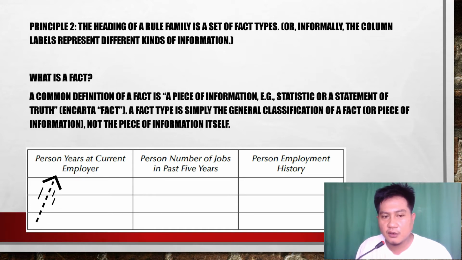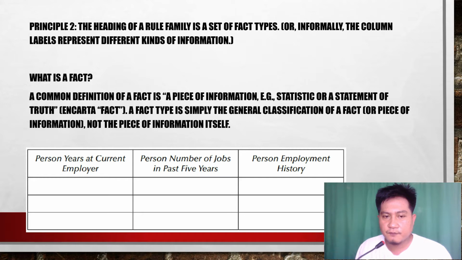The first column label or fact type gives information about the person's current employer, the current years at the current employer. So like if the person is employed, how many years has he covered as an employee to that business.